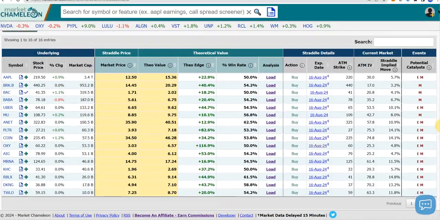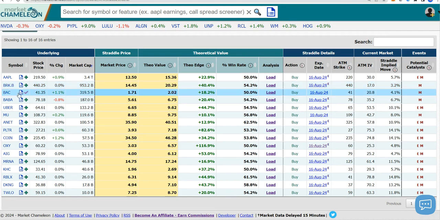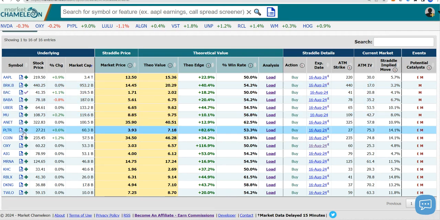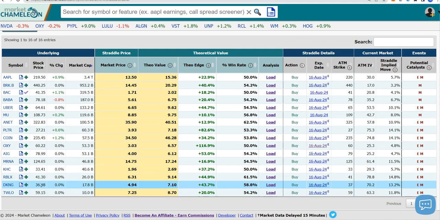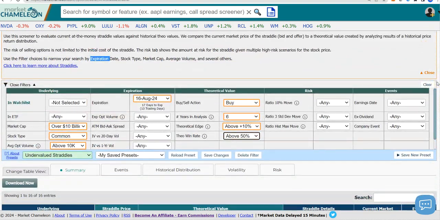See? And now look at those stocks. We got ourselves Apple, Berkshire, Bank of America, Alibaba, Uber, Palantir, Coinbase, Oxy, AIG, Moderna, Roblox, DraftKings, and Twitter. Those are the options that basically pass the filters, and you can filter back and forth. It's up to you. I'm looking at the buy straddle.